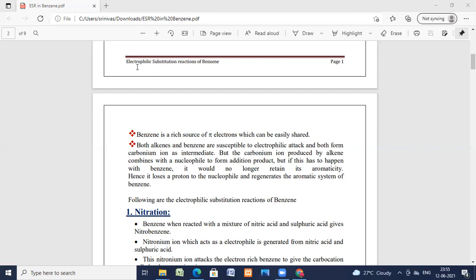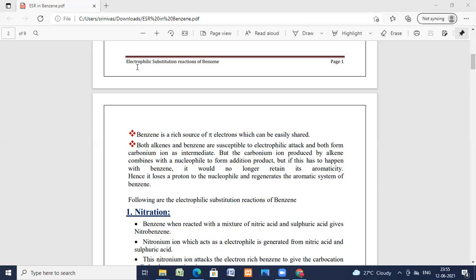If a weaker free radical is substituted by a stronger free radical, then that is a free radical substitution reaction. We can observe free radical substitutions in alkanes, for example methane halogenation and methane chlorination.